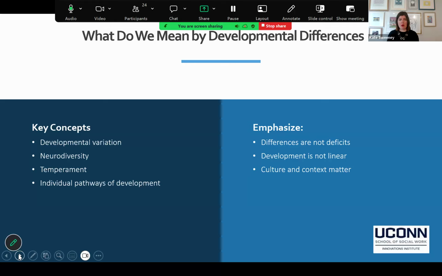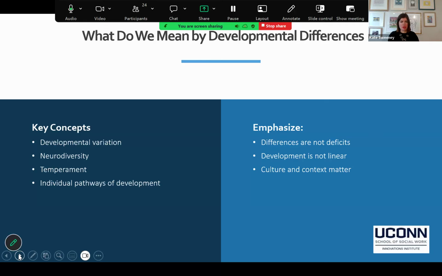But how are we allowing for variance there? We'll talk in a couple of slides about temperament and how we understand that, and how helping families and first-time parents or new parents understand some of the developmental considerations in general, helping them understand how to delineate the temperament of their child and their own, can be really impactful.